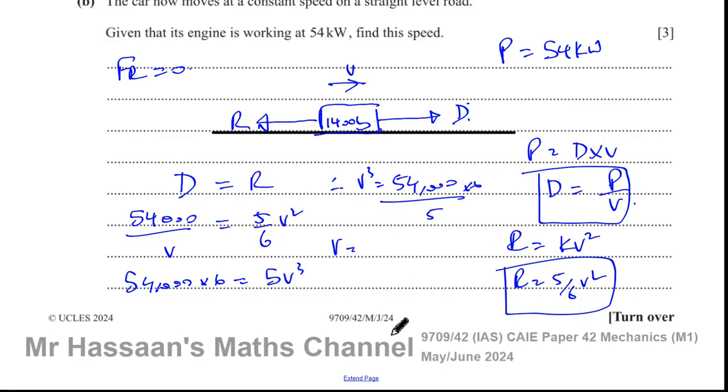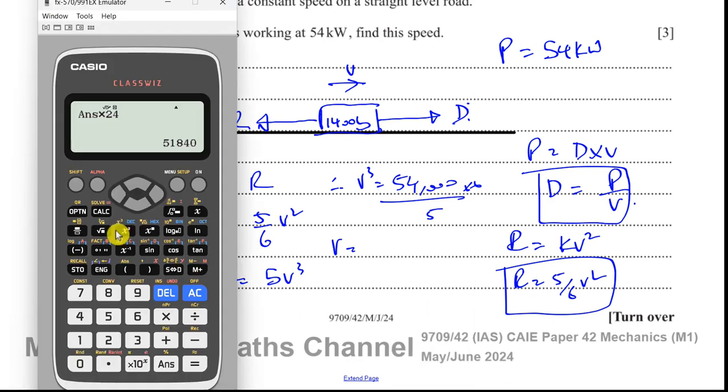So V is going to be the cube root of all of that. So we take the cube root of 54,000 times 6 divided by 5.